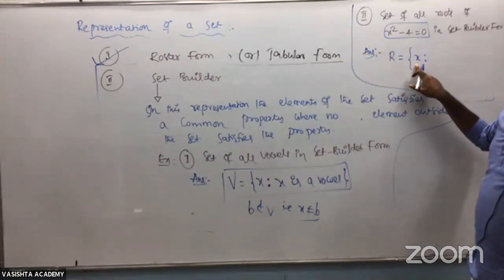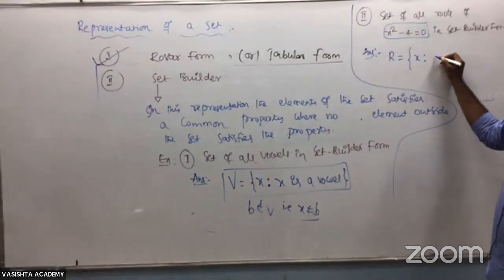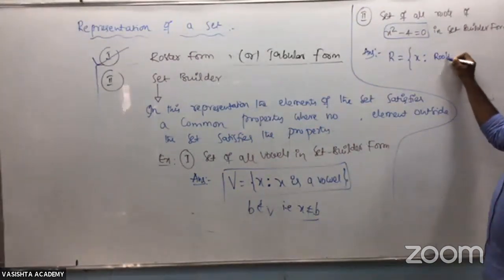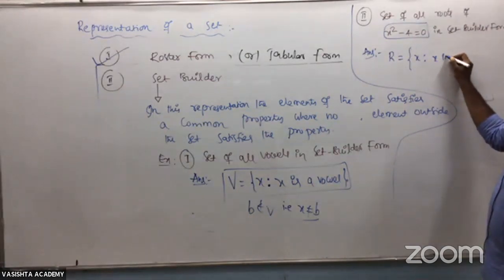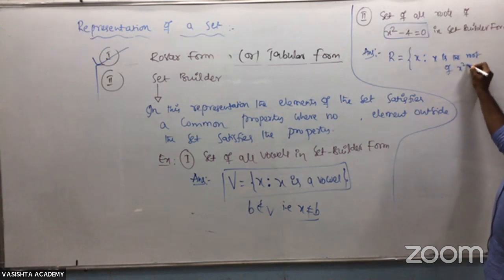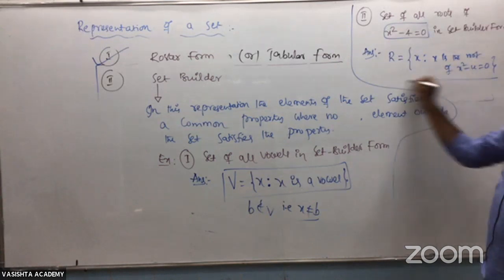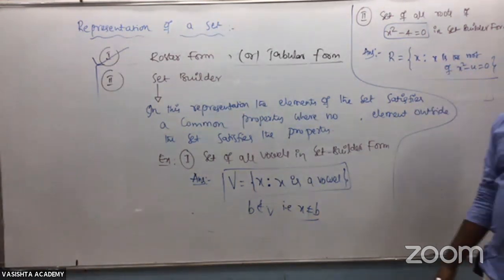Here, in place of minus 2 comma 2, I am just taking one x such that x is the root of x square minus 4 equals 0. So here the property is x is the root of x square minus 4 equals 0.